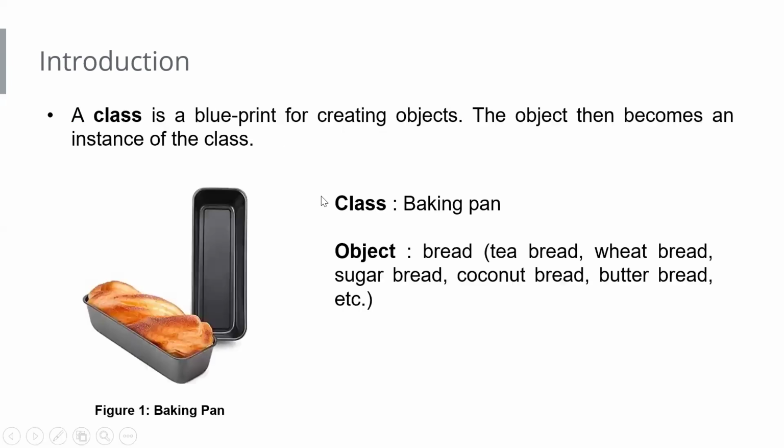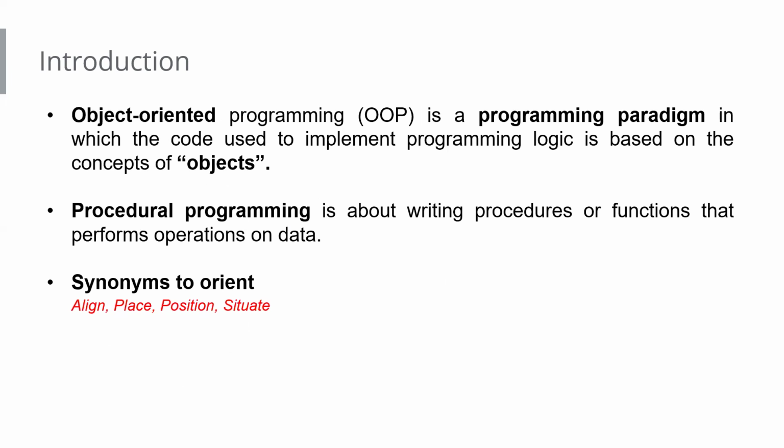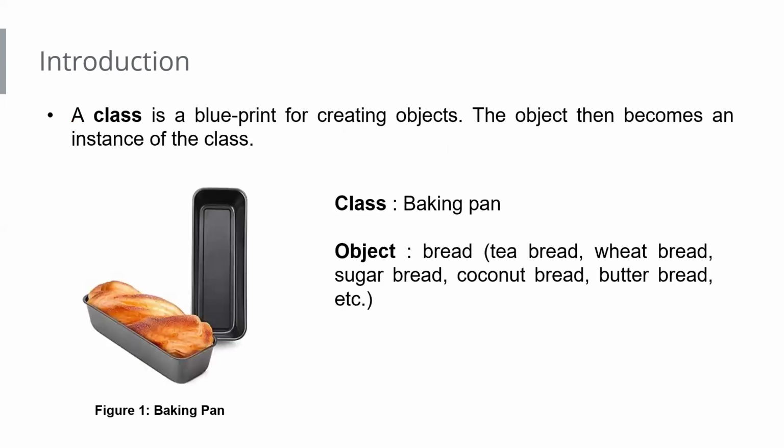Now that we have that out of the way, we are left with what an object is. In order to understand objects, the object is something we get from a class. A class is a blueprint for creating objects. That is to say, the object becomes an instance of a class, or a creation out of a class. To understand this very well, we use the baking pan scenario.